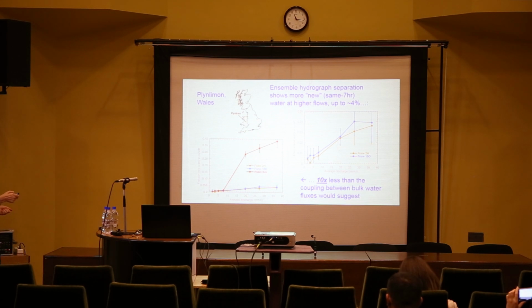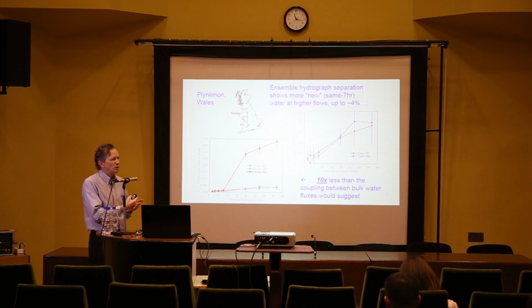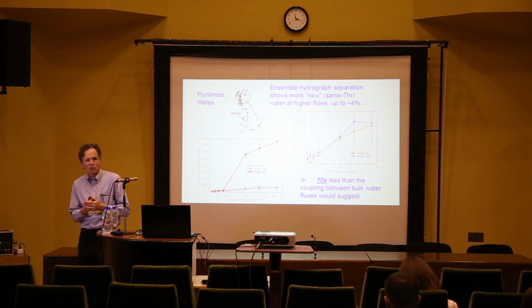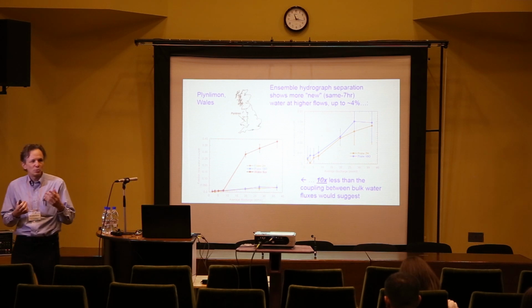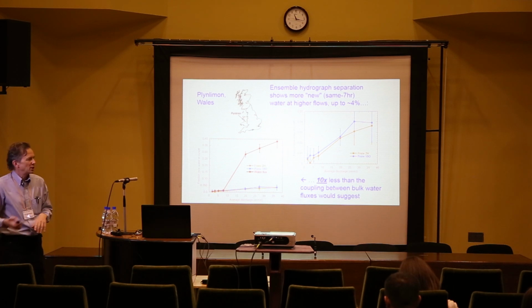But the fraction of the proportional stream flow response rises to something like 40%, indicating there's much tighter coupling between precipitation rates and stream flow rates than there is between the tracers in precipitation and the tracers in stream flow.